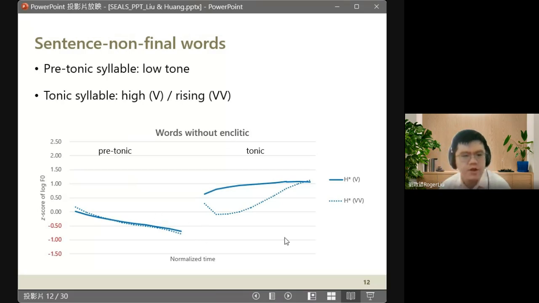And for the tonic or stressed syllable, for the simple or short vowels, there is a high level tone on this syllable, but a rising tone from low to high if the nucleus is bimoraic or long.